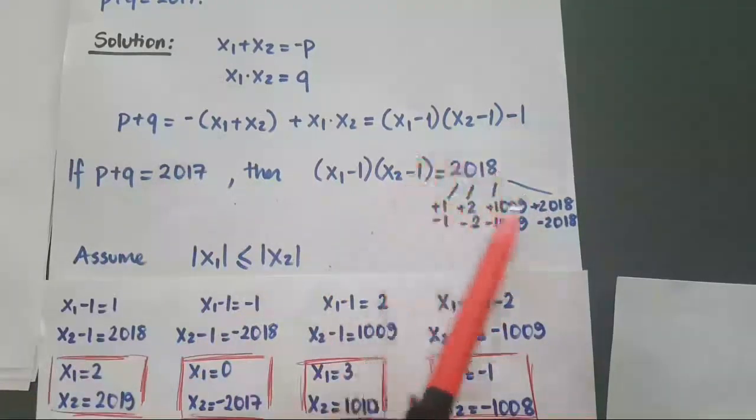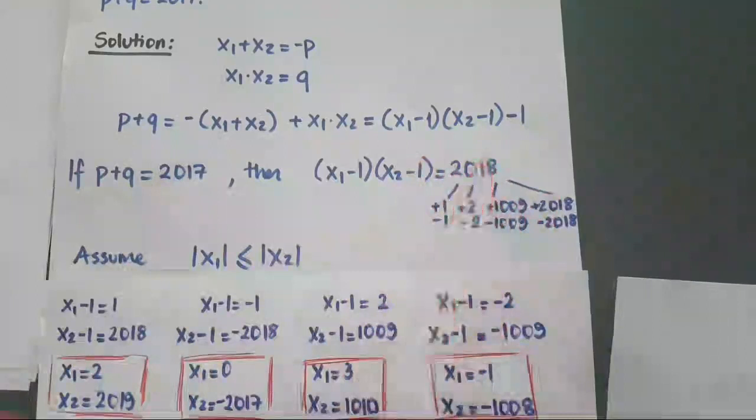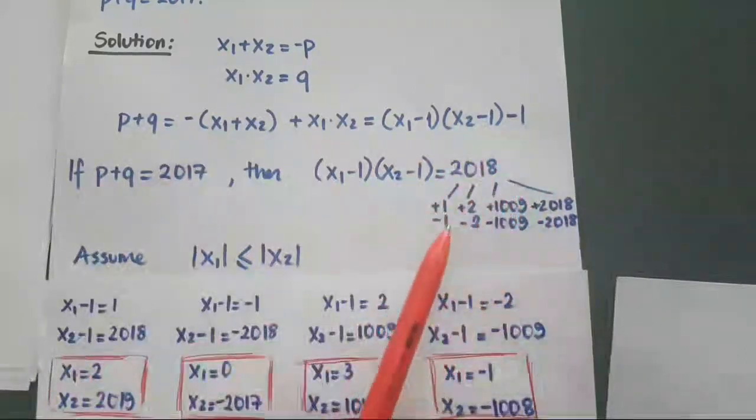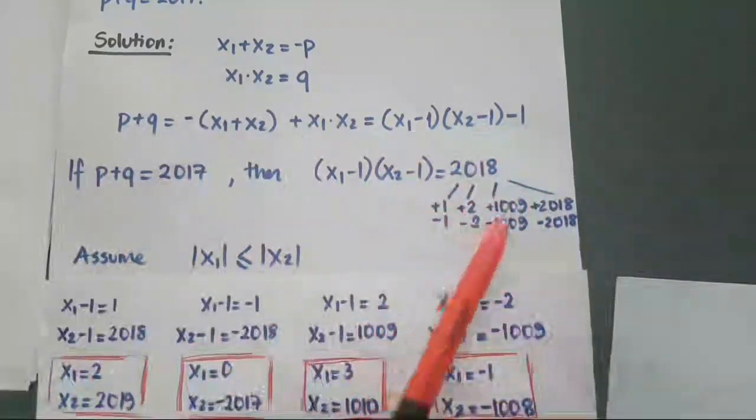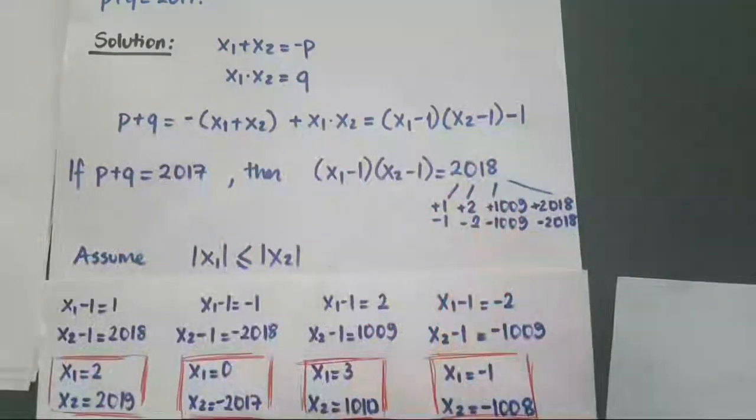The integer factors of 2018 are 1, negative 1, 2, negative 2, 1009, negative 1009, and 2018 and negative 2018.